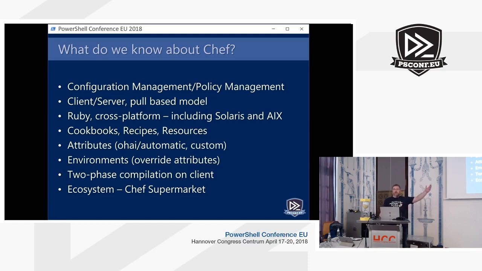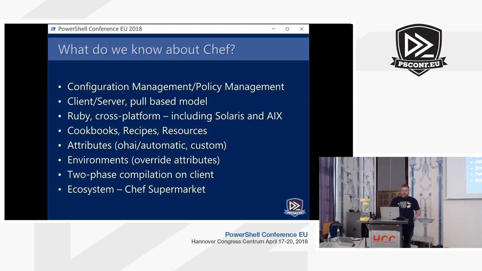Because we have the Ruby language around our resources, there's a compilation phase where we determine what the resource list is to be in the wider form, and then an execution phase where we go literally top to bottom through those resources that we've compiled into a big list, resource by resource. And each resource itself is responsible for picking up the current state of the system and determining what to do to get your system to the target state.